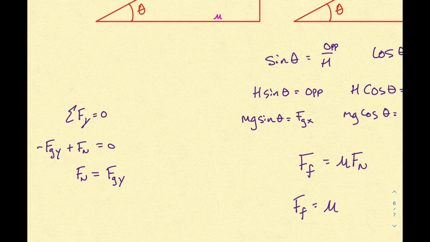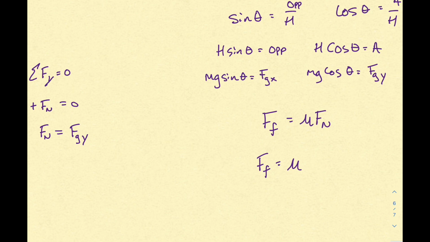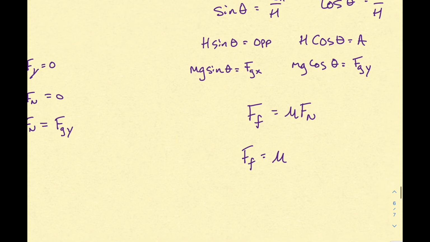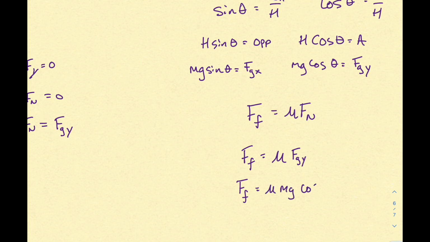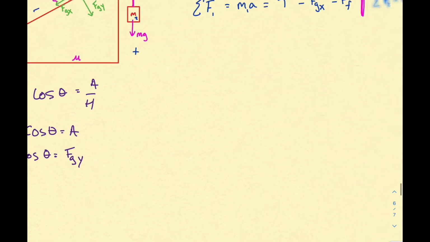I will make sure I included that, which would then allow me to make the claim over here that this would then just be equal to, well, we could do it as two steps if we wanted to, Fg y, and then that the force of friction, just written a little bit neater, is then equal to mu times mg cosine theta. So now we've got this term to substitute in and this term to substitute in up here.